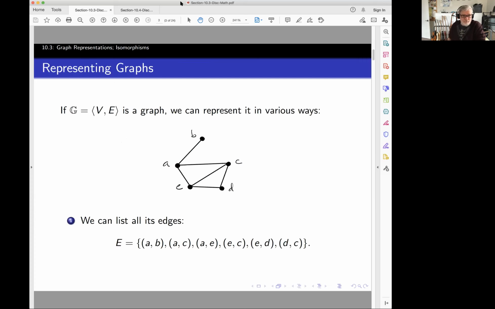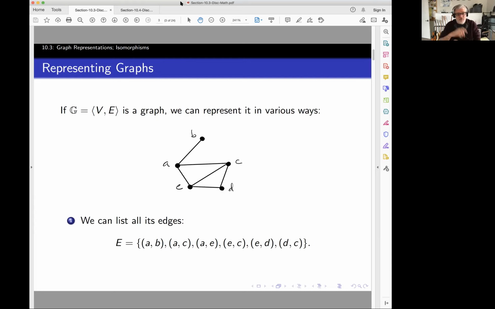Okay. So some ways to represent graphs. Let's say we have a graph G as pictured on the slide here. I can represent this graph in many ways. So the standard way would be to give you the set of edges.